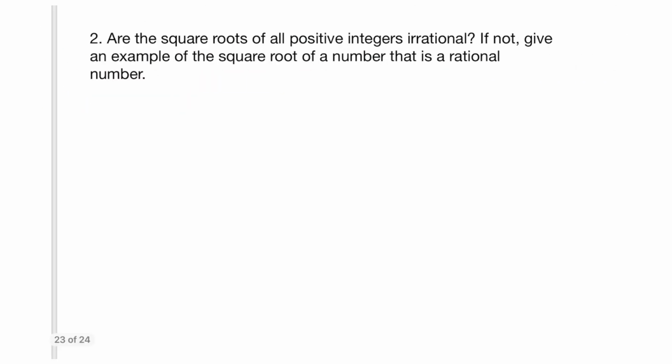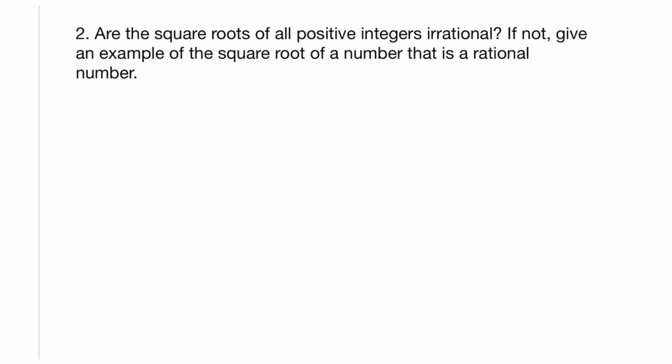Well and good. Moving on to the second question of this exercise, which is: are square roots of all positive integers irrational? If not, give an example of the square root of a number that is a rational number.